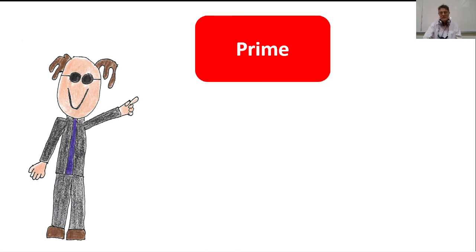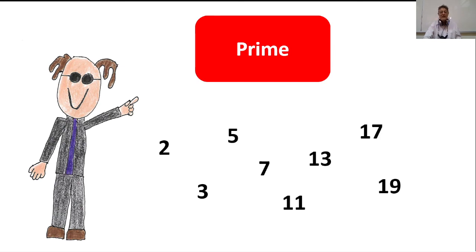And how about the prime numbers up to 20? 2, 3, 5, 7, 11, 13, 17, and 19.